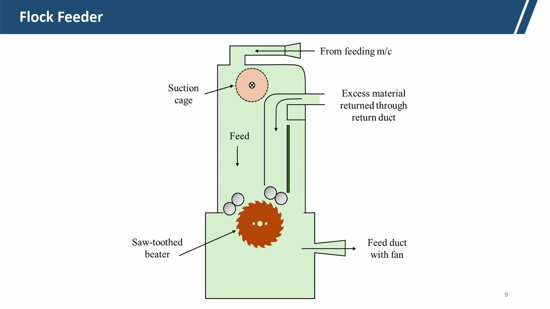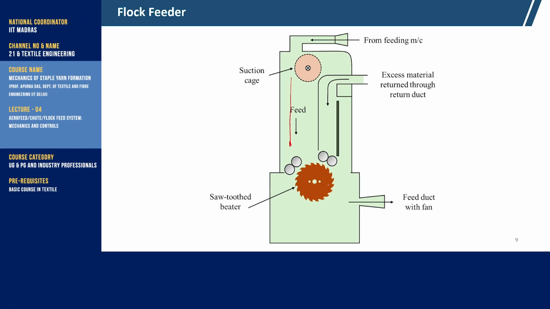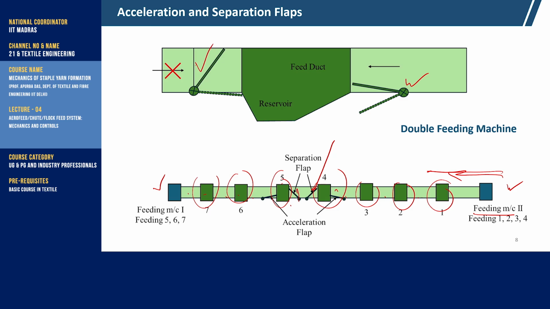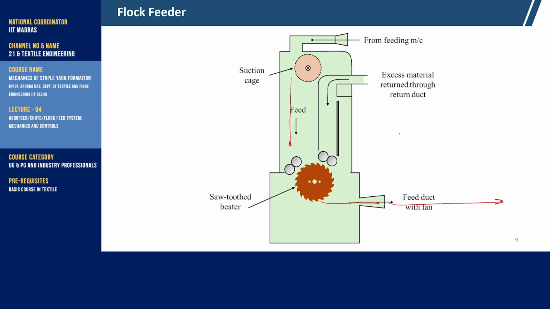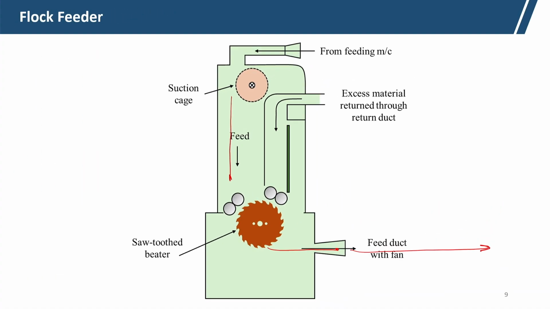After that it is feeding here, and a sawtooth beater is there, and after beating the fiber is going to the feed duct. So, what is happening with the excess material? Some excess material will be there during the transport, and that will come back again to the flock feeder.